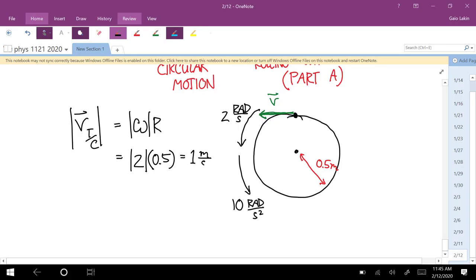So 1 meter per second. We know that velocity is in the negative x direction. And so the velocity of t relative to the center is -1, 0.